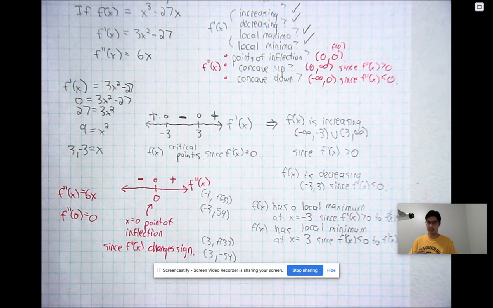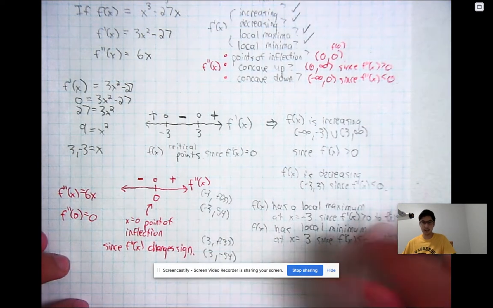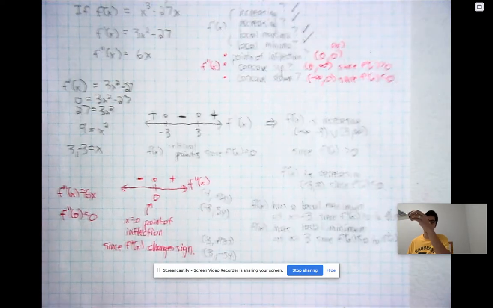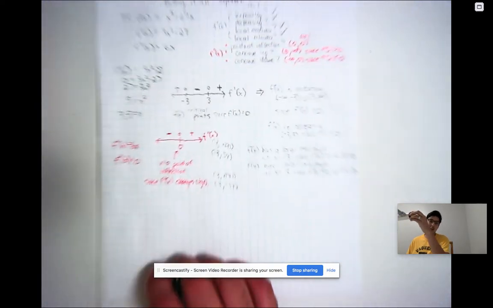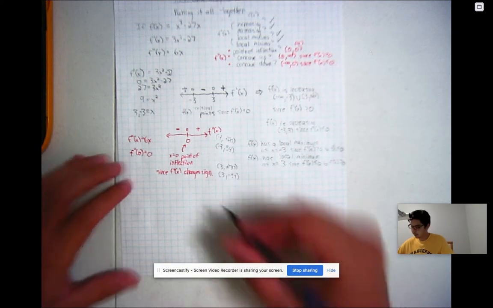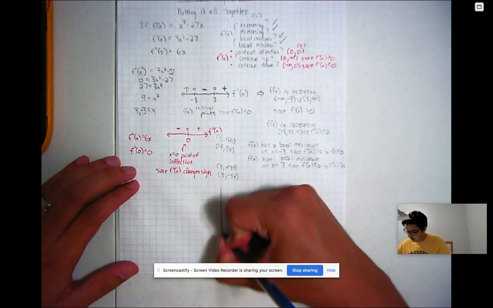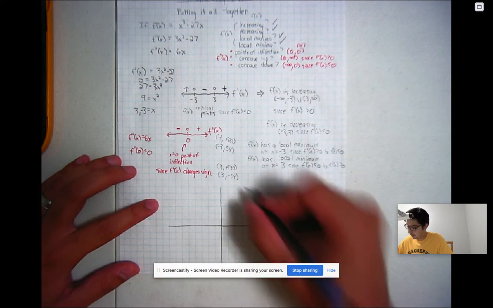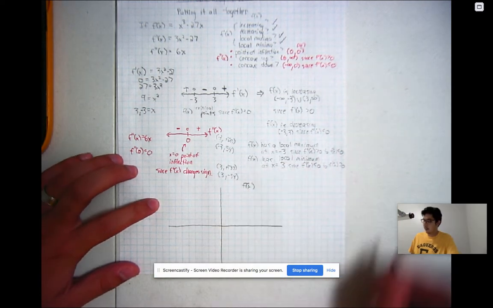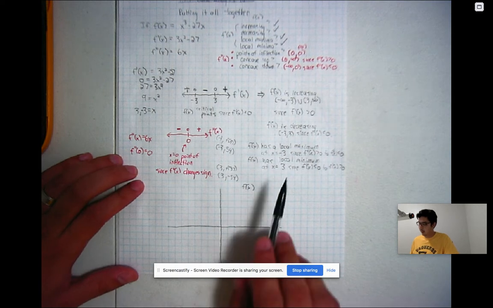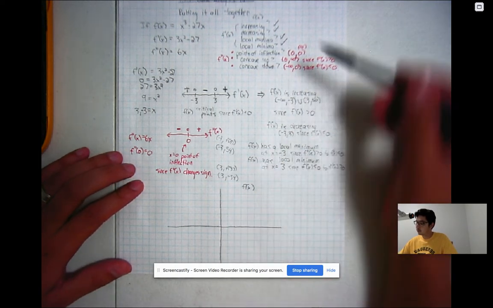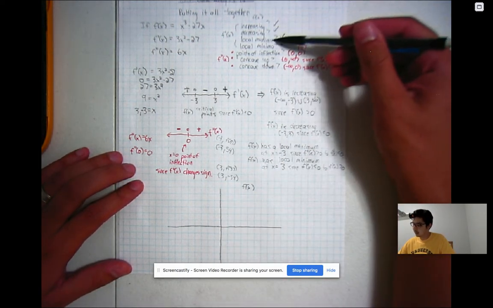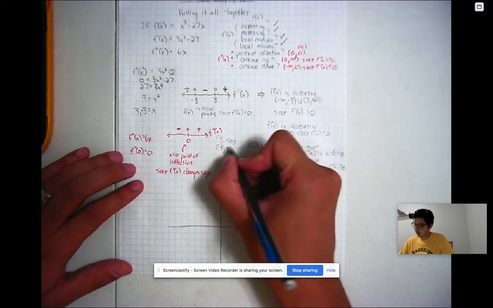So if we put it all together, let's see what this graph looks like. I'm going to zoom out so we can see all of this together with the graph at the bottom. So let's see f of x. All right, so we knew that it had a maximum at -3, 54.